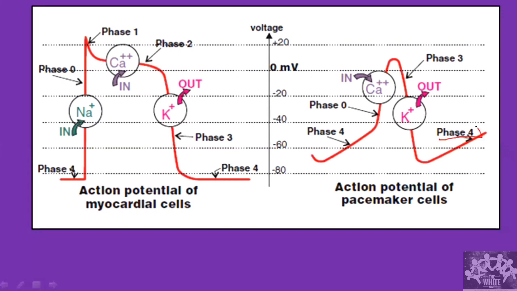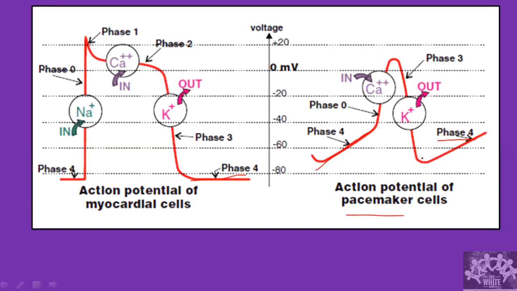I want you to remember this conduction system because understanding this helps us understand arrhythmias better, and the role of how electrolytes can affect the heart. Phase 4 is the resting membrane potential, but somehow there is depolarization that occurs in phase 4. This is a peculiarity in the pacemaker cells.